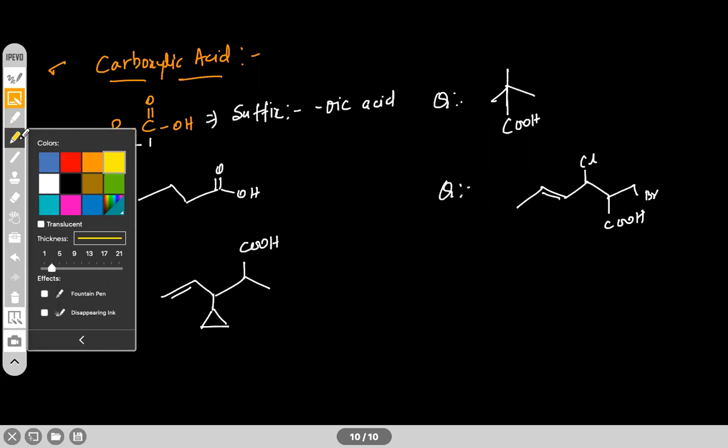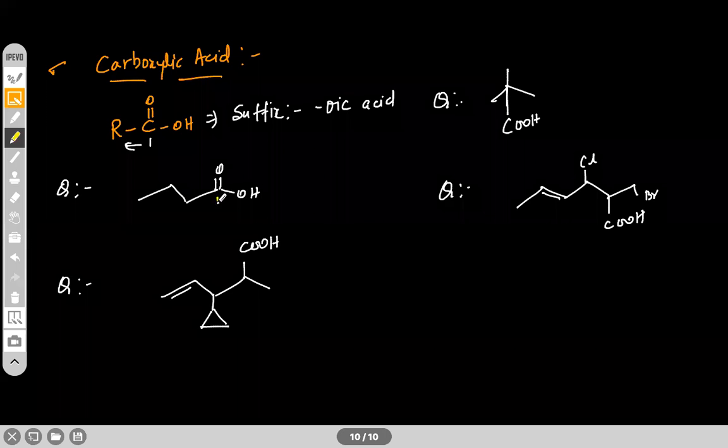First one is 1, 2, 3, 4. So it is simply butanoic acid.